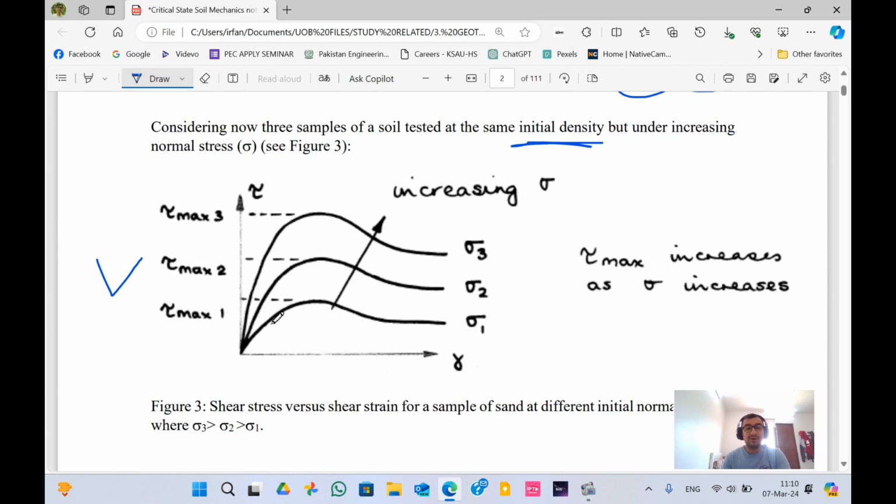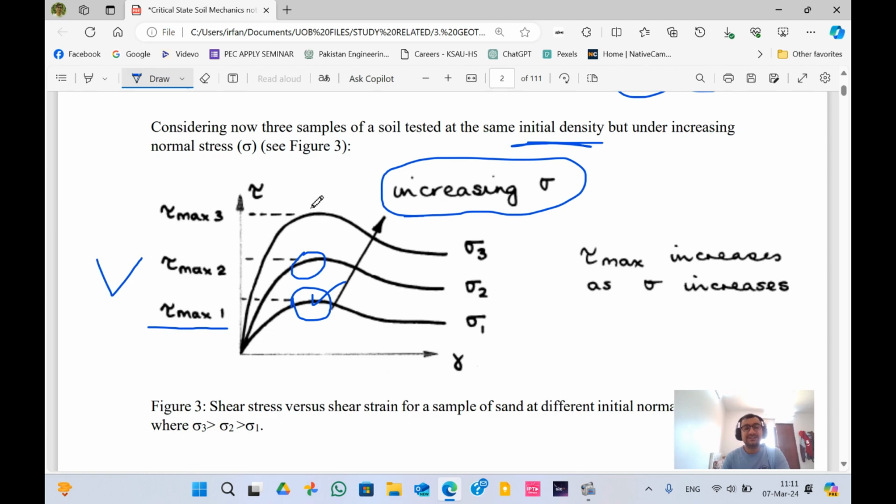Now for the first soil, if the density is the same, but we are applying different normal force, if you can see in this graph, the first soil sample will reach the ultimate strain at a lower point here. But if we are increasing the normal force, you can see that the second sample of the soil reaches here, and after that it starts to disintegrate.